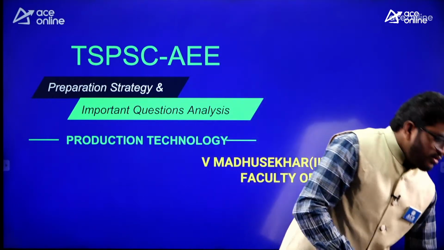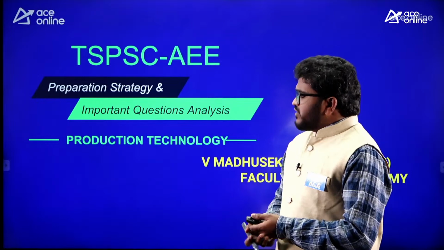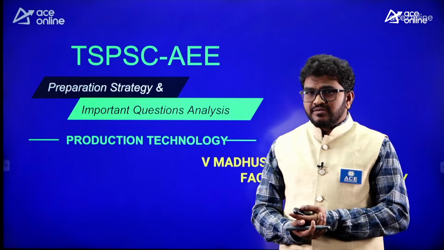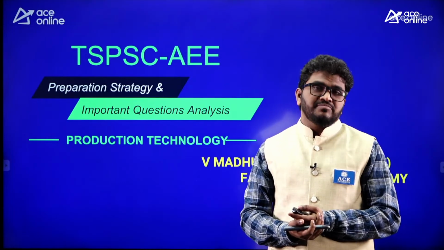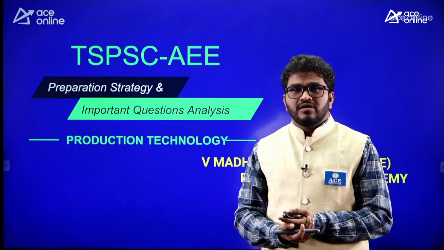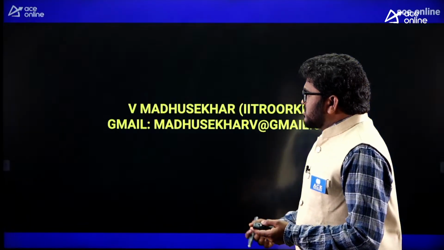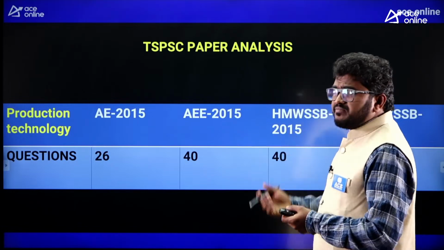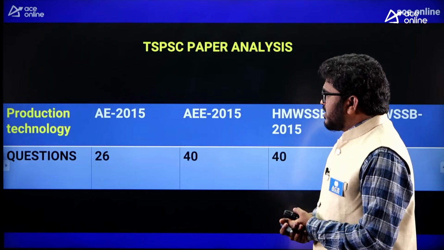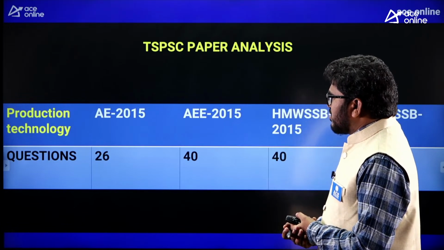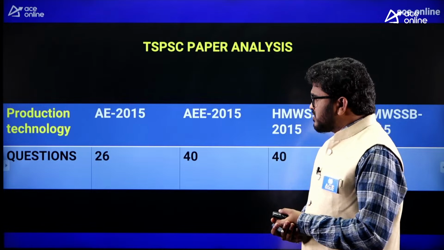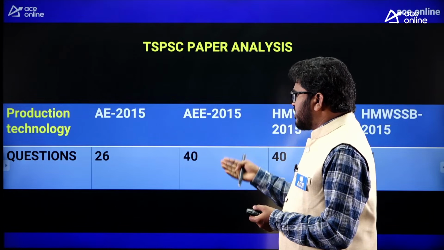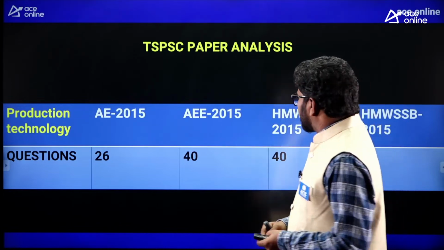Right. So, if we talk about this subject, it is one of the most important subjects and has the most weightage for your exam. See, the weightage of the subject from the last few years, that is in 2015, AE and AEE: if you see the questions, for the AE exam 26 questions and for the AEE exam 40 questions they asked.